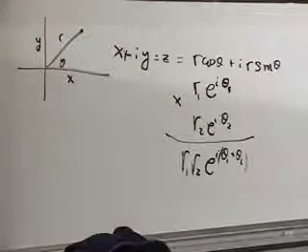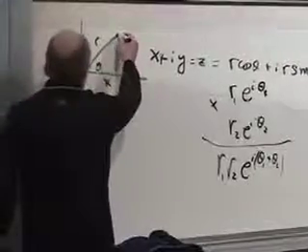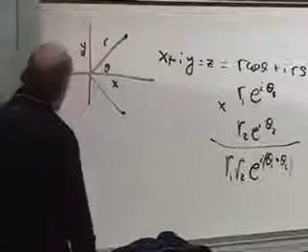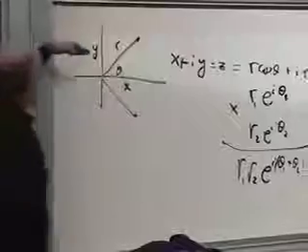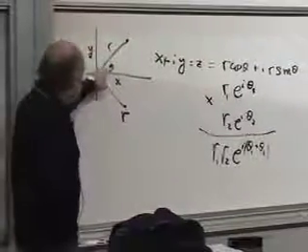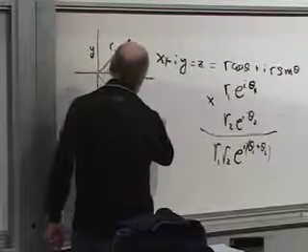One more point, the notion of complex conjugate. The complex conjugate of a complex number is just the corresponding complex number in the lower half plane, which has exactly the same form r, except instead of e to the i theta, it has e to the minus i theta.